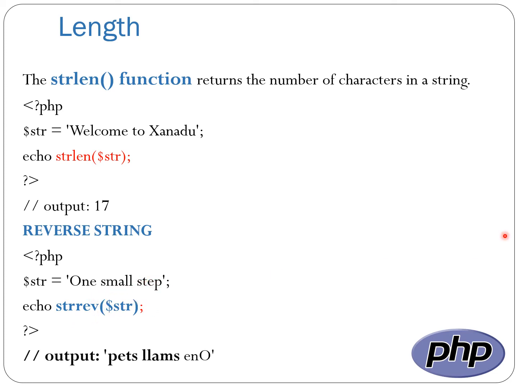The output will be "pets llams eno". Likewise, the string is reversed. So here we discussed two functions. One is for finding the length of a string, that is strlen, and another is strrev, which is used for reversing a string.